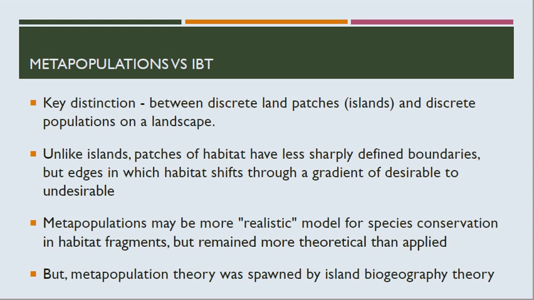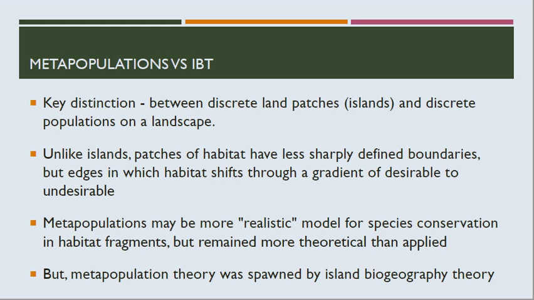So all of those things need to be applied, but not to all species, but certainly to species which tend to have a patchy distribution across a landscape. So we need to take that into account. I wouldn't say that metapopulation dynamics replaces island biogeographical theory, but it certainly complements it.